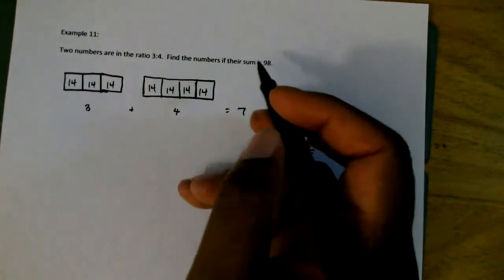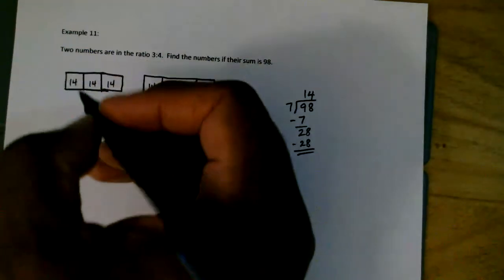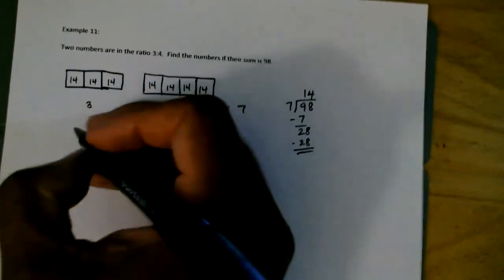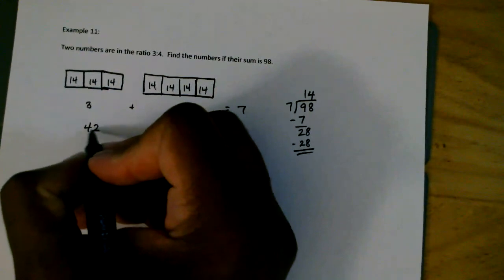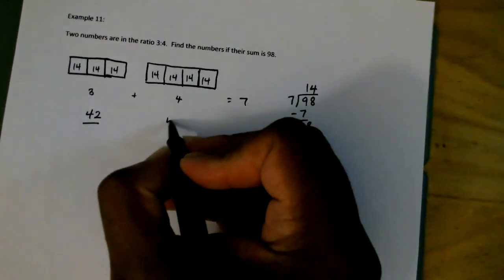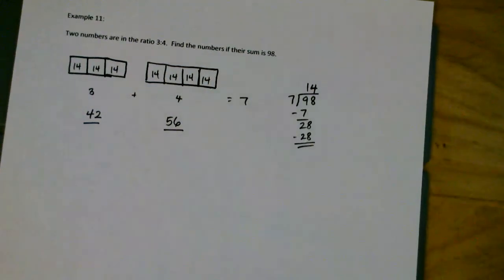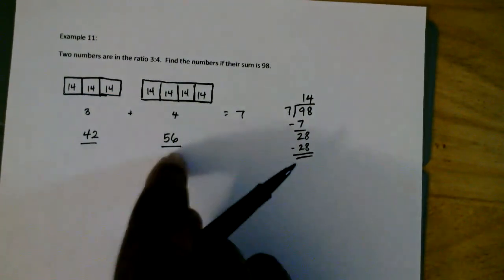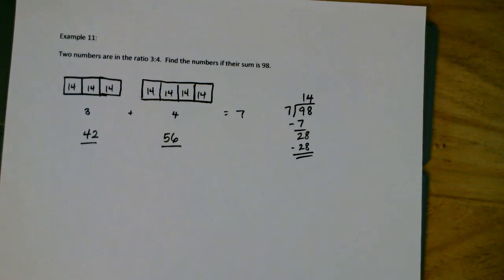So if I wanted to find the numbers, the ratio is 3 to 4. If I add 14 3 times, this represents 42. And this represents 14 4 times, which is 56. So the two numbers they're looking for are 42 and 56.